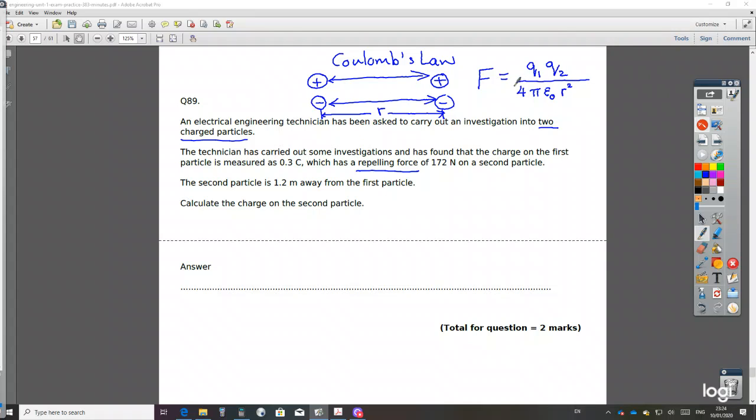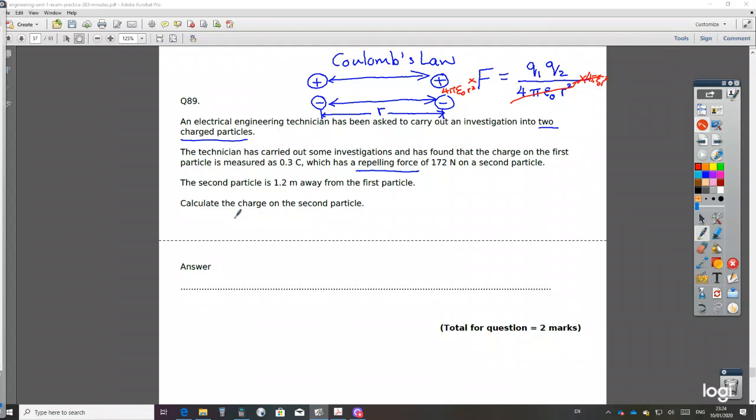We don't want any denominator, so I multiply both sides by 4 pi epsilon naught r squared, so that it cancels out.